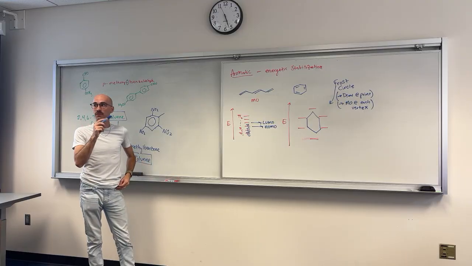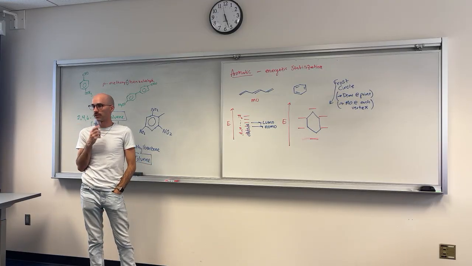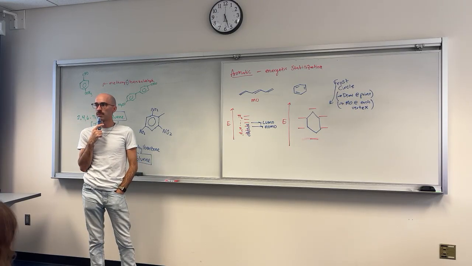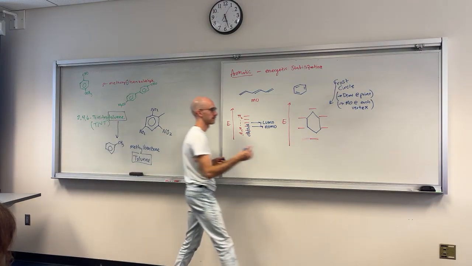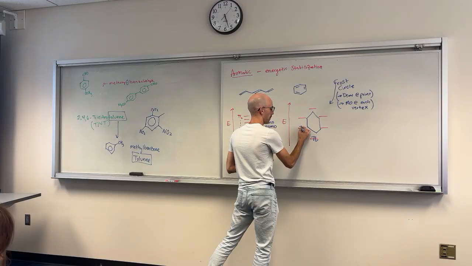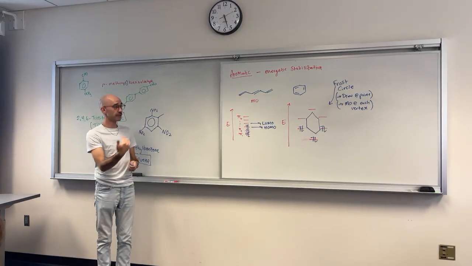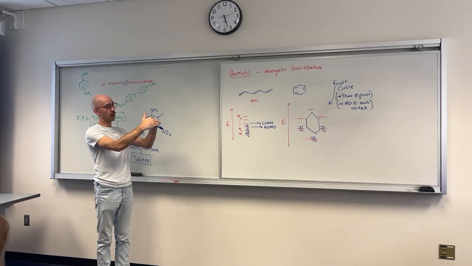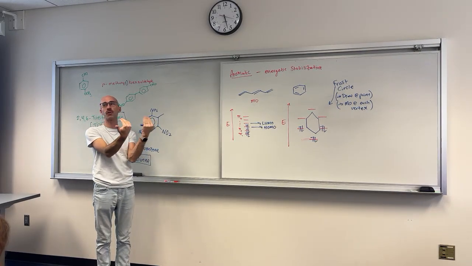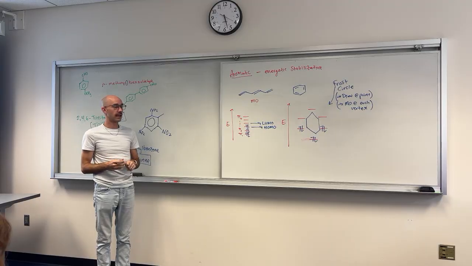But can we fill in the pi electrons? How many pi electrons in benzene? 6. So I have to fill in those 3 lowest orbitals. 2 of them are degenerate to each other. They're of equal energy. And now I'm done.